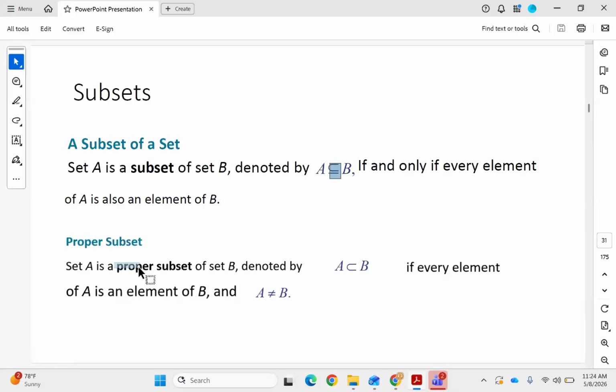We use the word proper subset to represent that A is strictly smaller than B. So not only is every element of A in B, they're also not equal. If you take those two things into account, A has to be strictly smaller than B. These symbols are pretty much like less than or equal, or strictly less.